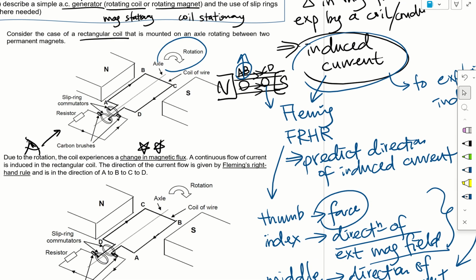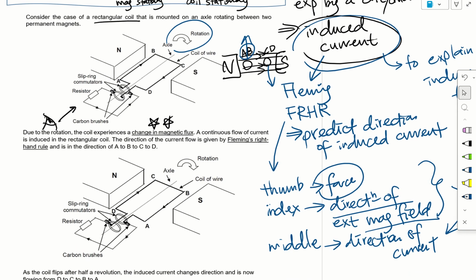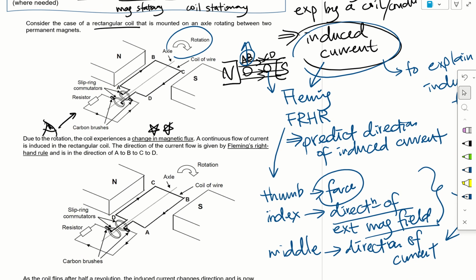But once I stop turning the coil, there is no longer a change in magnetic field lines experienced by the coil. There is no more change. But is there still magnetic field lines experienced by the coil? Yes. Just that there's no longer a change in magnetic field lines experienced by the coil because the coil is no longer rotating.